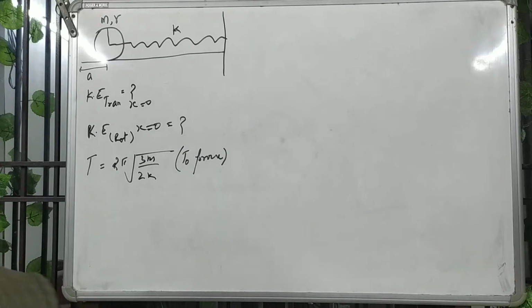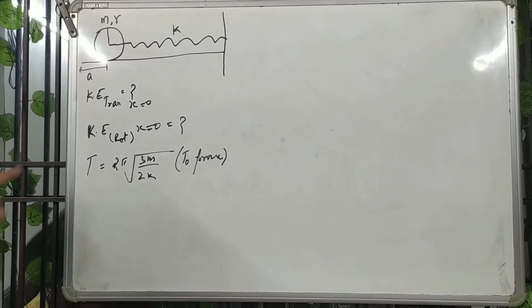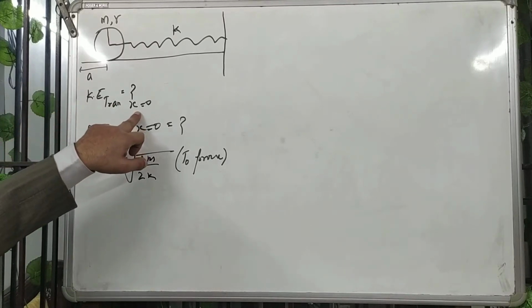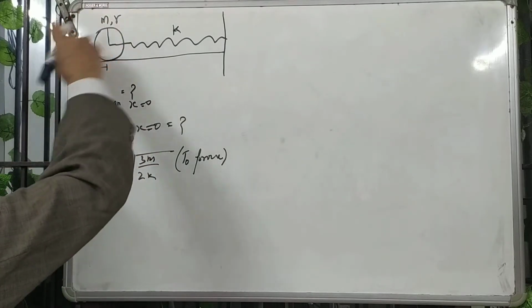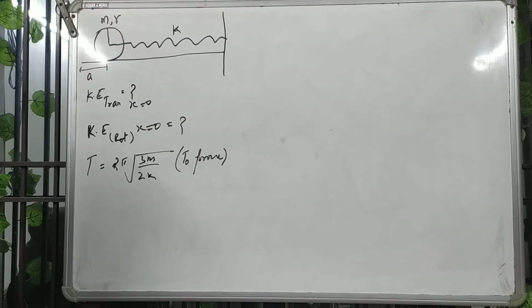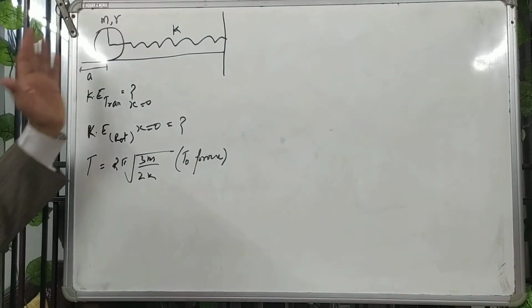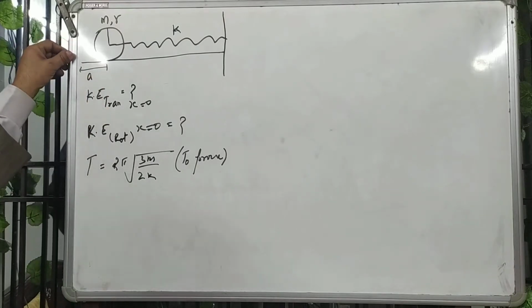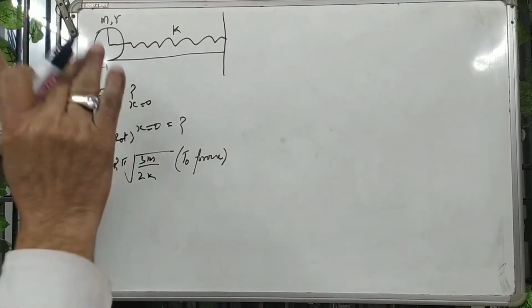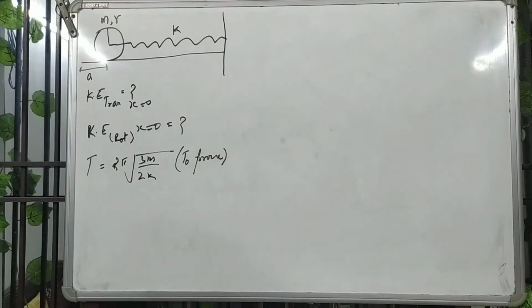So in this, I am telling you, practically at the mean position you have to find the kinetic energy, whether it is rolling to this side or to this side. When it is compressed or stretched by distance A, this is the extreme position. The total energy of the system is constant.